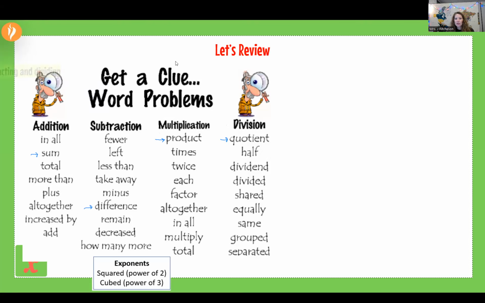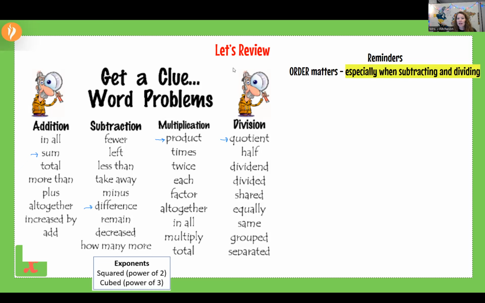All right, so one thing you need to remember is that order matters, especially when subtracting and dividing. We talked last week about properties. The commutative property exists for addition and multiplication, but not subtraction and division, because I could rearrange 3 plus 8 and write 8 plus 3, and I'm going to get the same answer, right?